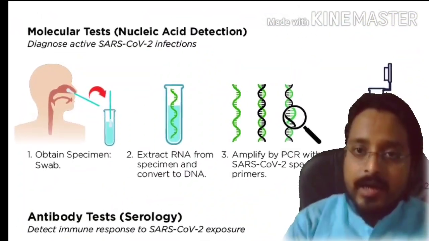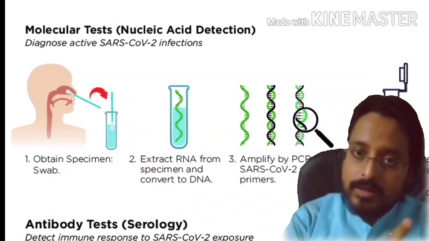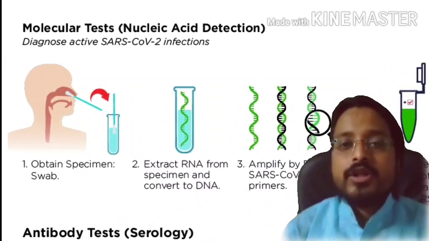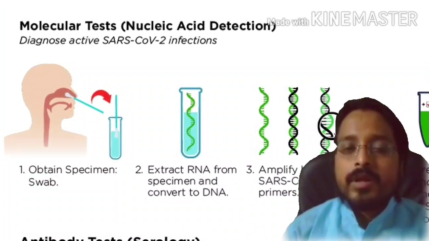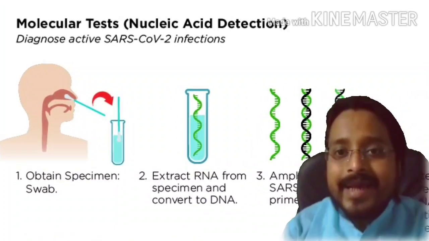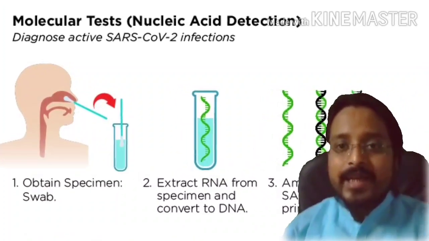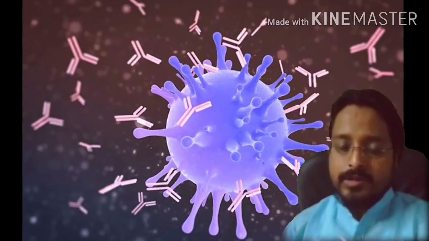But in PCR, that is the SWAB test, the traditional method, the SWAB test that we know, you are directly measuring the genetic material of the pathogens.